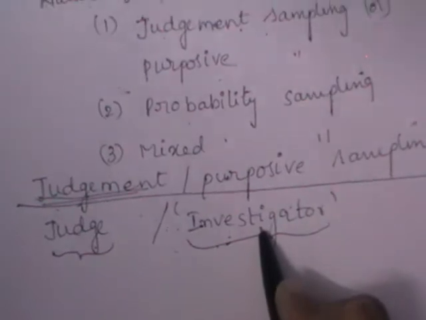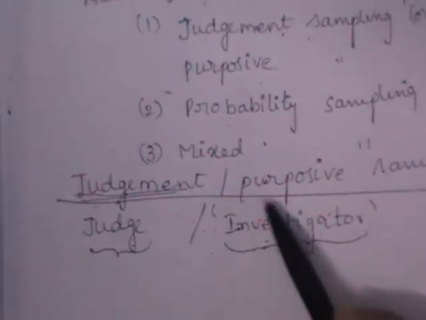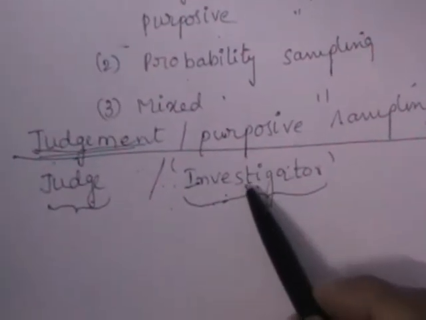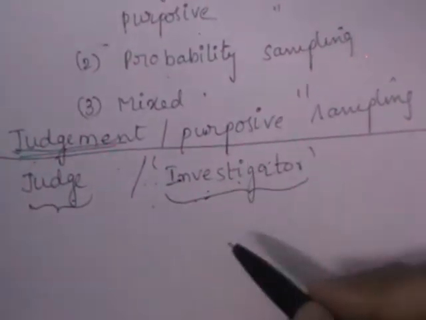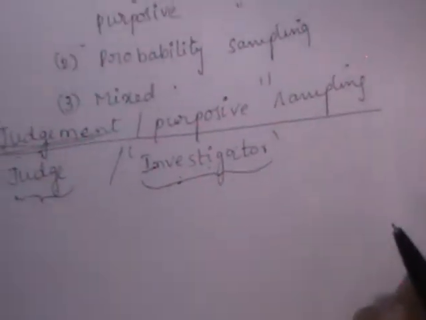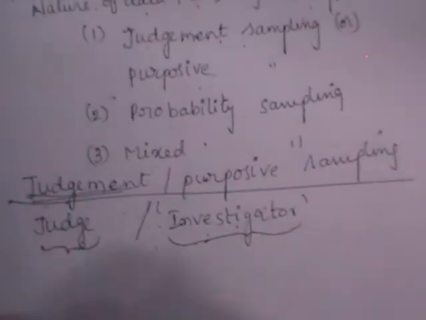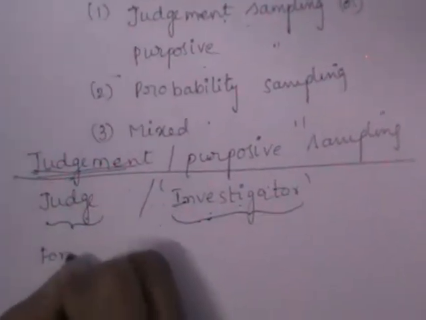So under judgment sampling, the nature of the data, how many units are to be collected and which units are to be collected, mainly depends upon the opinion of the judge or investigator. I'll give you an example.